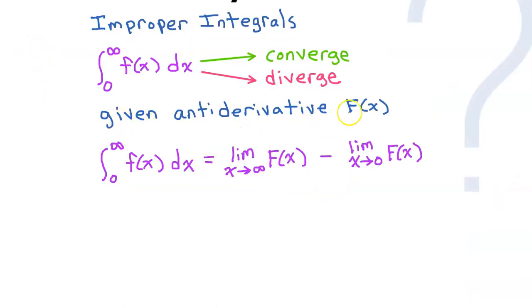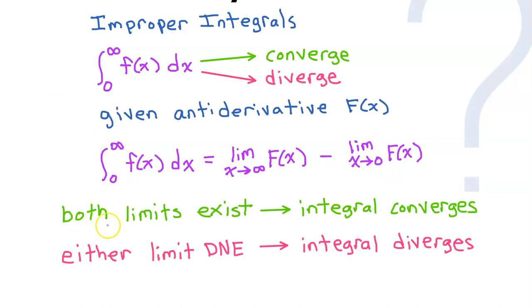Given antiderivative capital F of x, the improper integral would equal the limit of the antiderivative as x approaches infinity minus the limit as x approaches 0. If both limits exist, the integral converges, and if either limit does not exist, the integral diverges.